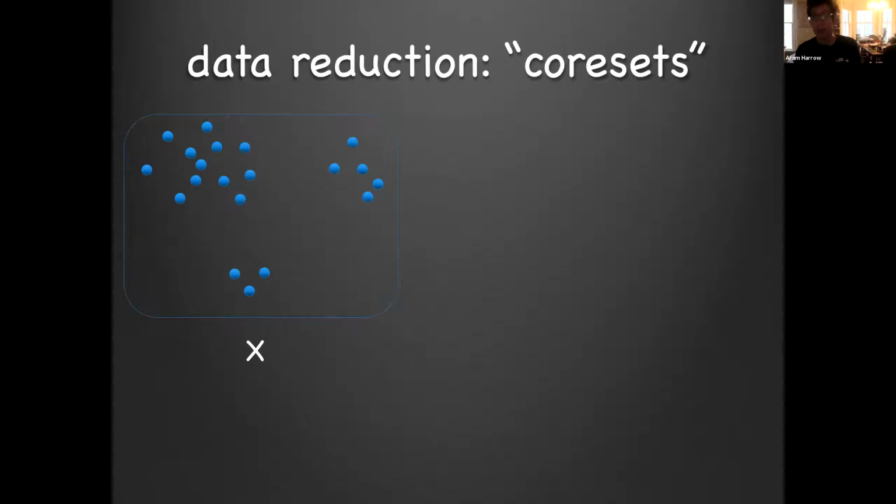So one thing you can do is approximate your big data set by a small data set. This idea came from computational geometry, and this has spread to machine learning. It's called taking a coreset. I've illustrated this for the example of clustering, but coresets exist for many different problems. The idea is that you approximate your original data set X with a subset X prime.